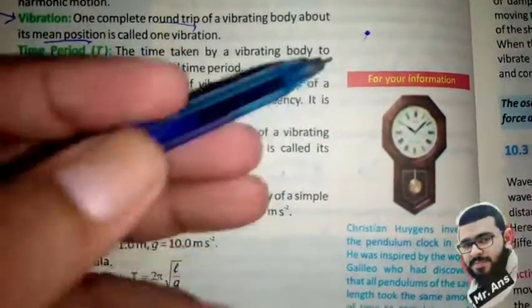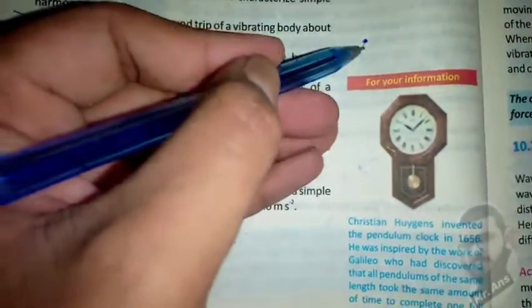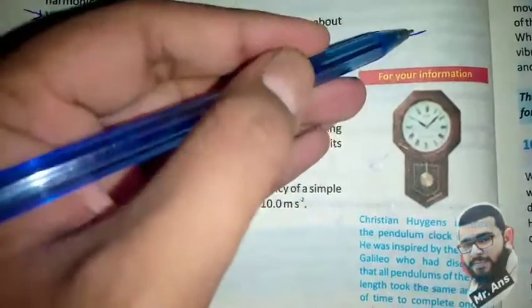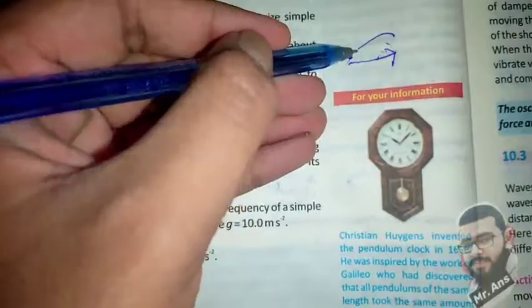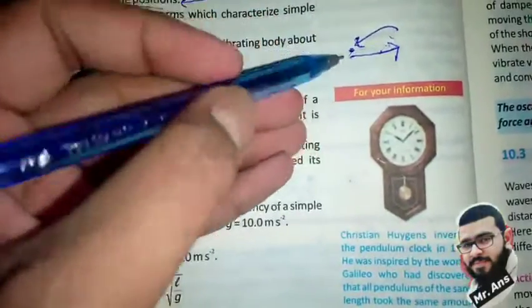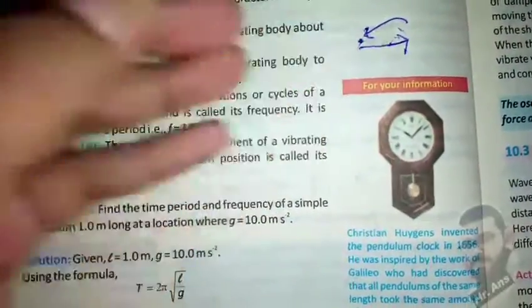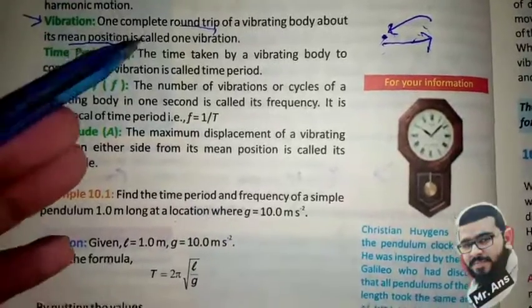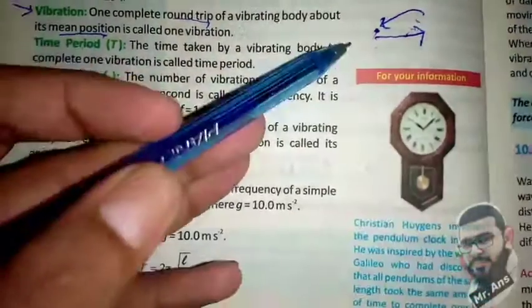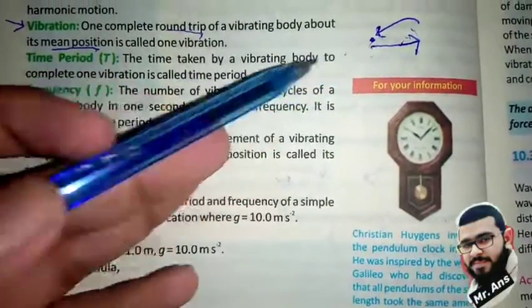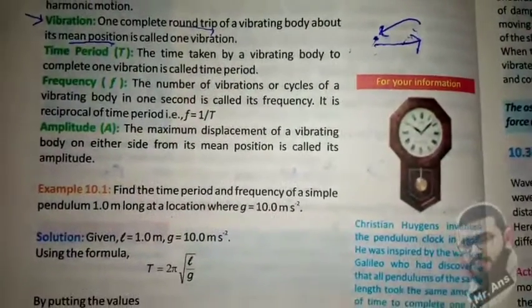And for example, it is going on its round trip. For example, it goes here and then it comes back. This is one vibration. One complete round trip of a vibrating body about its mean position is called one vibration.